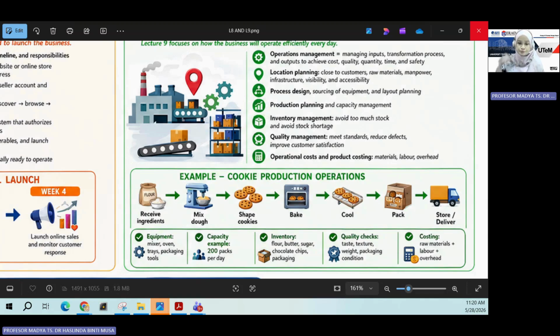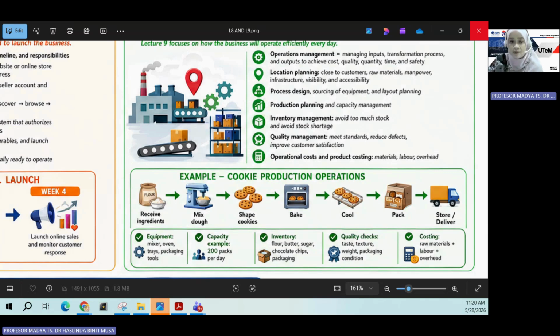To wrap up today's lecture, I want you to remember these three key points. The first one, a business plan is not just about describing a business idea. You must explain how the business will be launched and how it will operate. The notes on lecture 8 will help you prepare the implementation or digital launch plan.